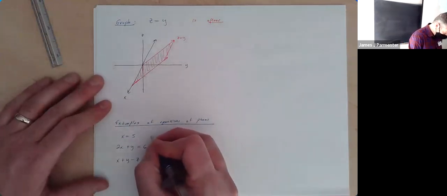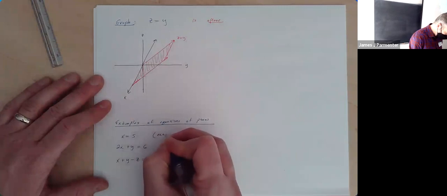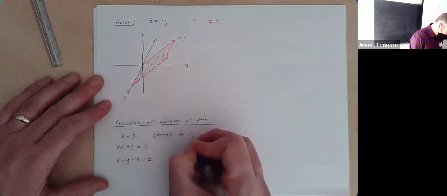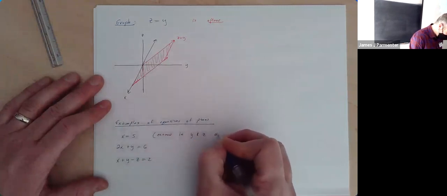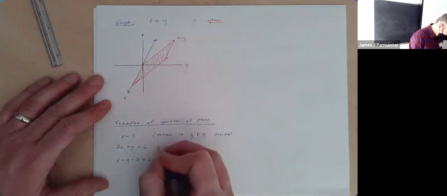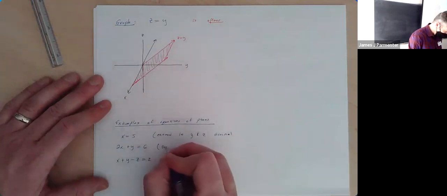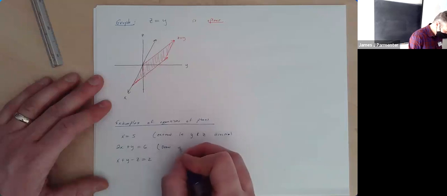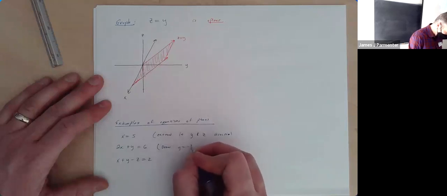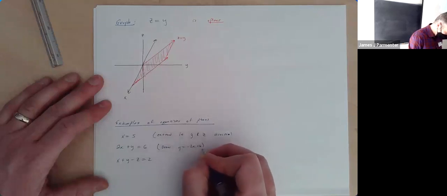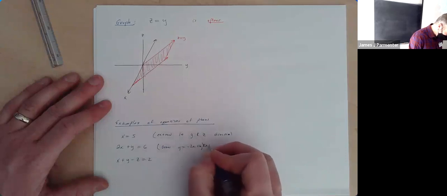We're going to extend in the y and z direction. To draw this one, we would draw the line y equals negative 2x plus 6, and then extend in the z direction.